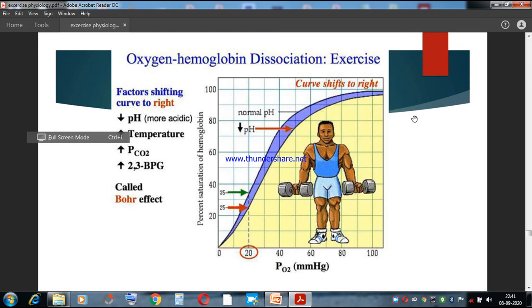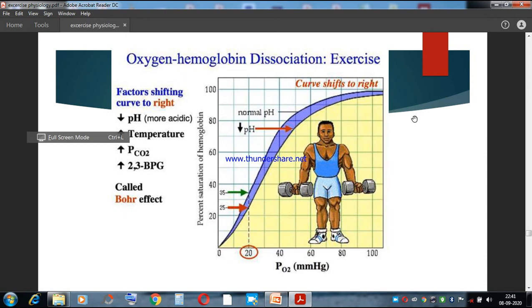So this is the acidic condition in which there will be more unloading of the oxygen, and the tissue will pick up the oxygen from the blood.